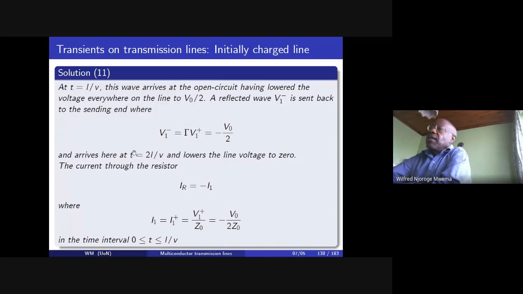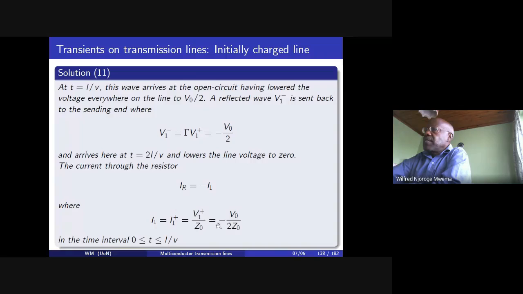It will arrive at the sending end at a time t equal to 2L over V, that is the round trip time of flight, and lowers the line voltage to 0. The current through the resistor will therefore be given by IR equal to minus I1, where I1 is the sending or positive going current amplitude, V1 plus divided by Z0.